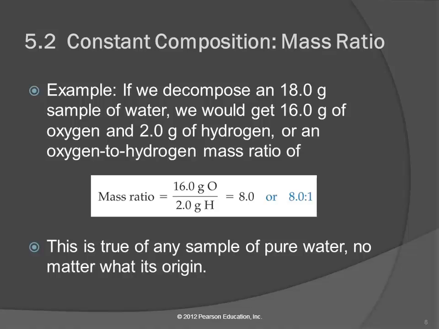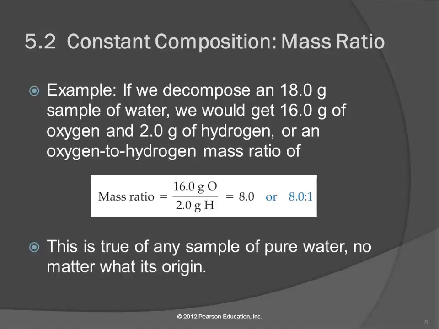We can talk about mass ratio. If we take 18 grams of water and we decompose it, one way you can do that is by passing electric current through it and causing a chemical change. You can get oxygen gas and hydrogen gas. And you measure that, you're going to get 16 grams of oxygen and 2 grams of hydrogen.